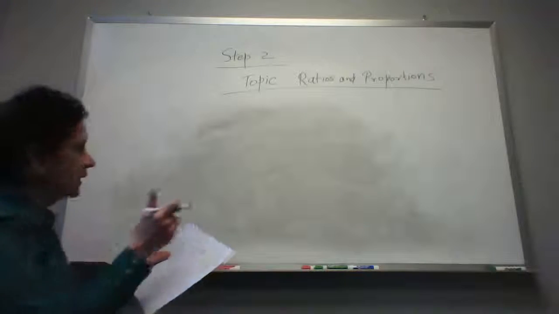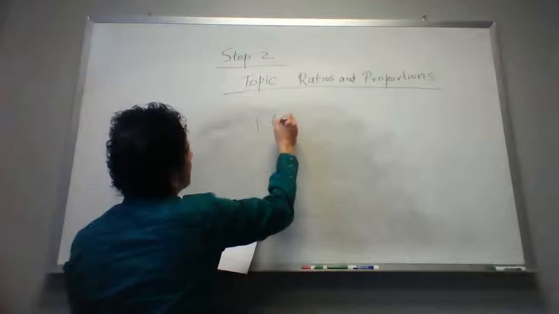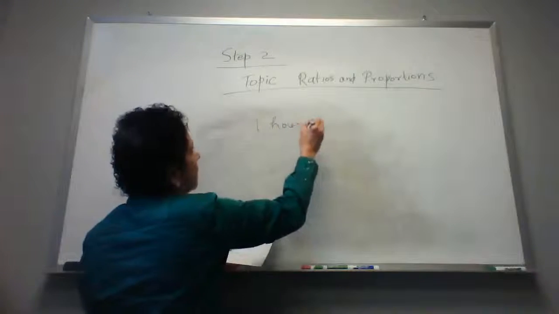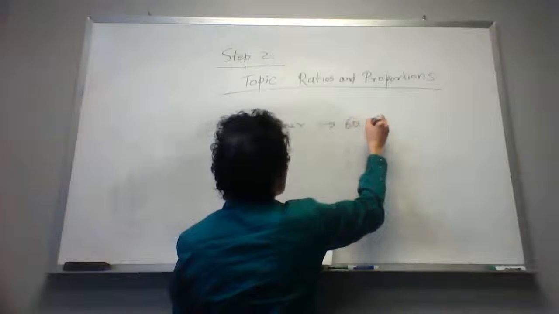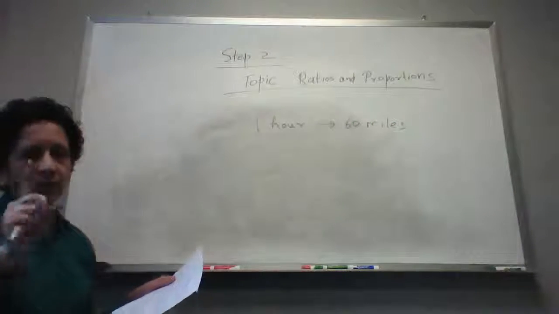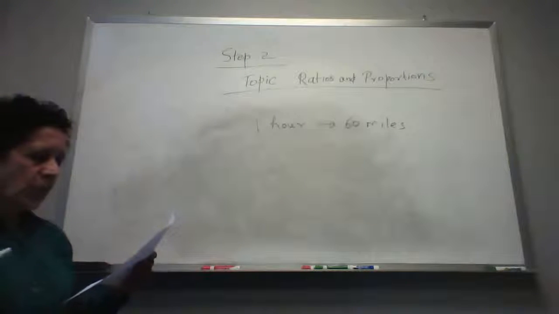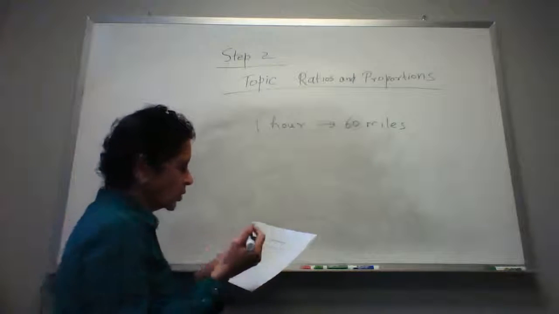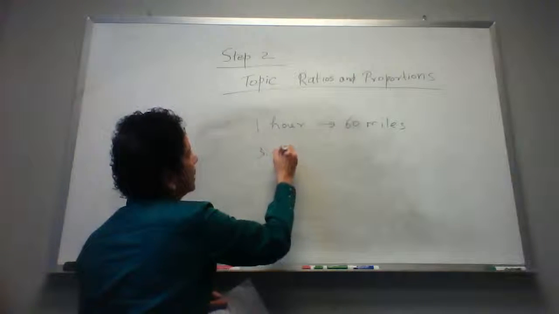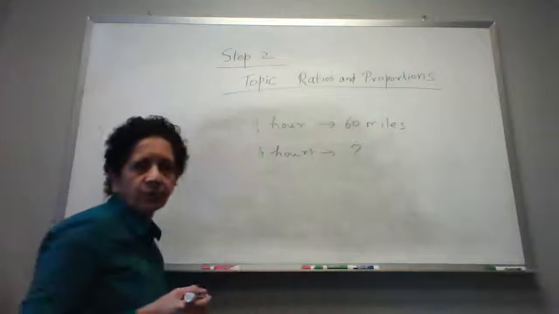In 1 hour, you are going to be making 60 miles. It says that you are traveling 60 miles per hour. So in 1 hour, you are doing 60 miles. The question is, how many miles would you travel in 3 hours?